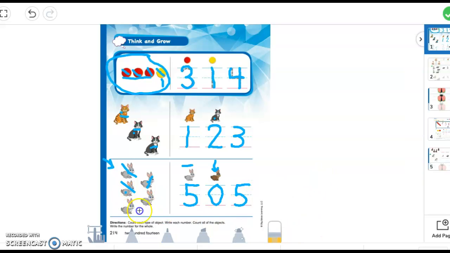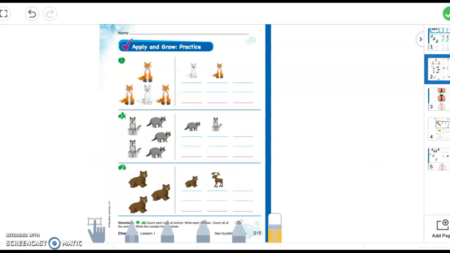Okay, now we will go to the next page right here, and we're looking at the number 1 apple. Our set has foxes. How many gray and white foxes do we have in our set? What part of our set is gray and white foxes? 1, right here, 1.